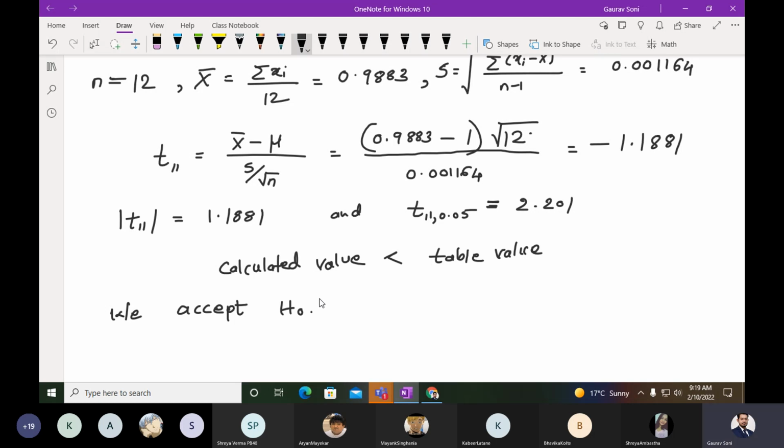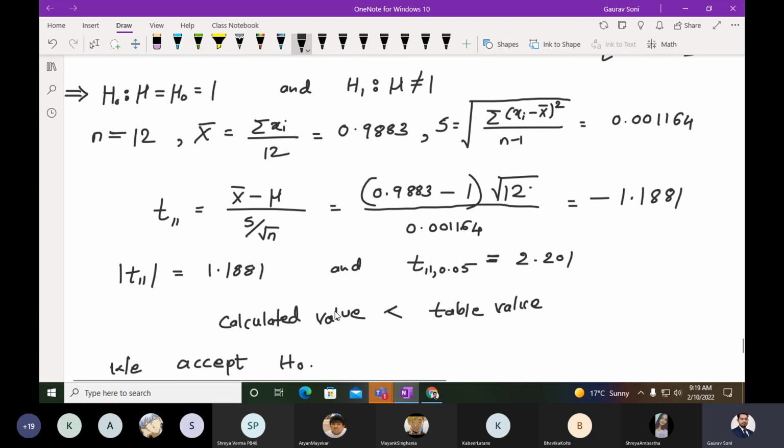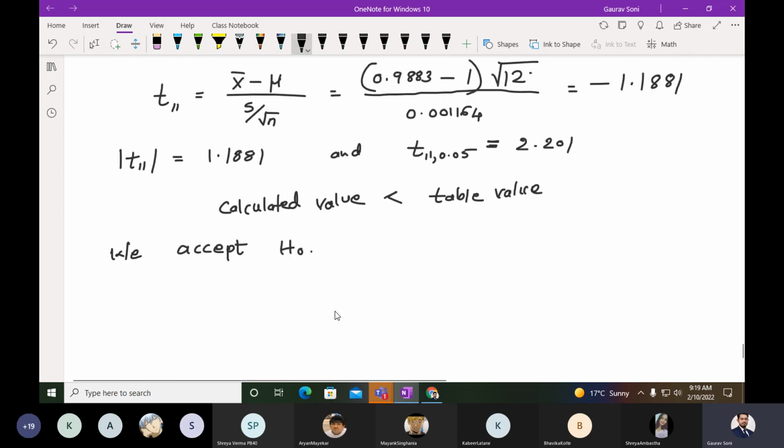So the last test of hypothesis that we need to look at is the F test. You can see that in the first one, chi-square, what we were looking at was whether a certain probability distribution fits well to the given data or not.